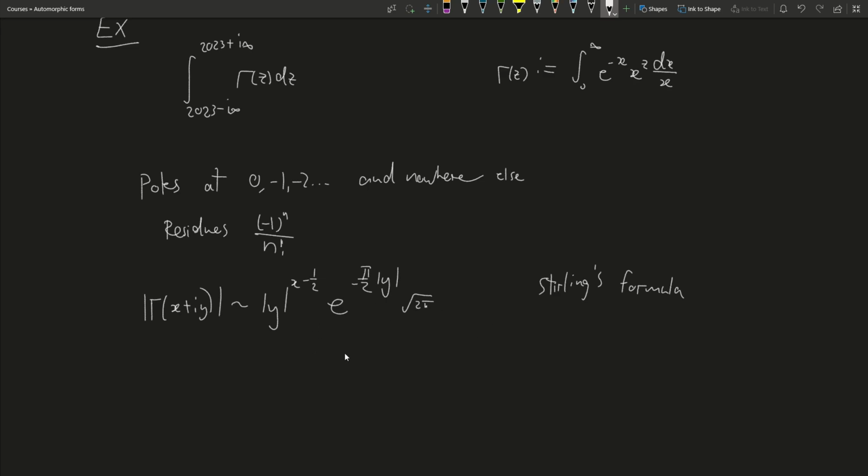And this version is surprisingly hard to track down, so I will give a reference. This is in Gradshteyn-Ryzhik, Table of Integrals, Series, and Products. I hope I'm spelling this right. Let me check very quickly.